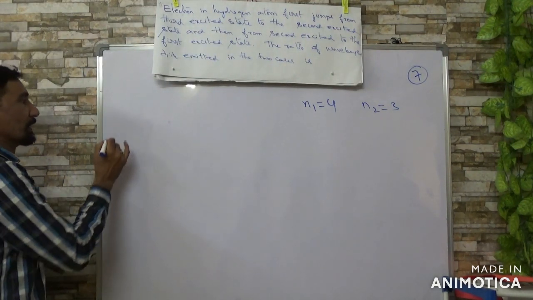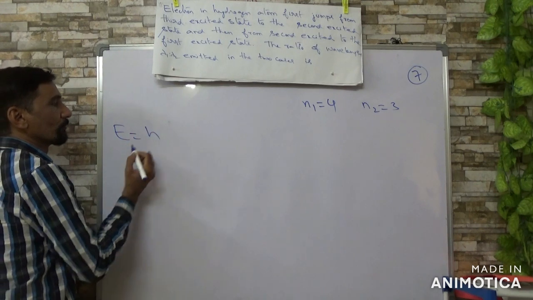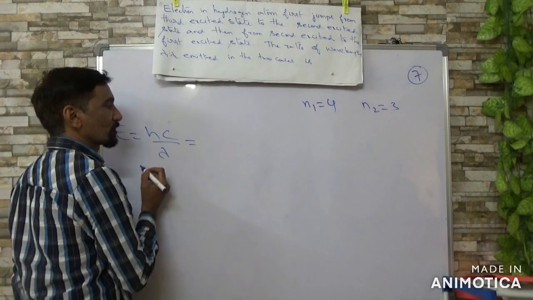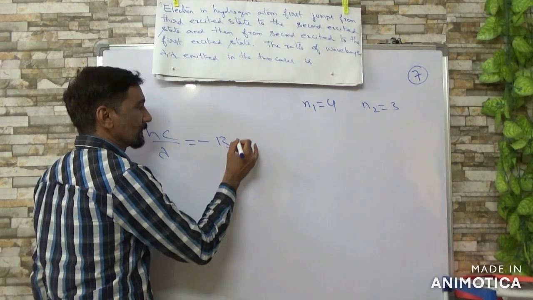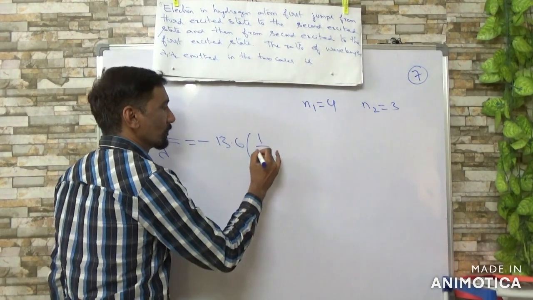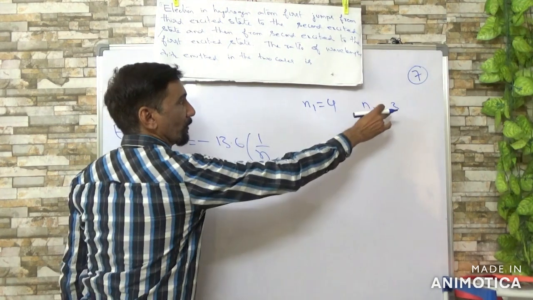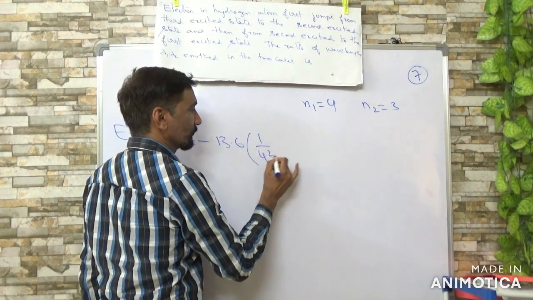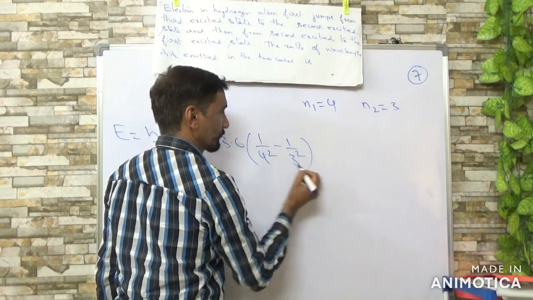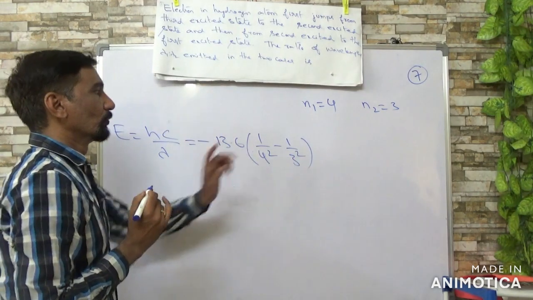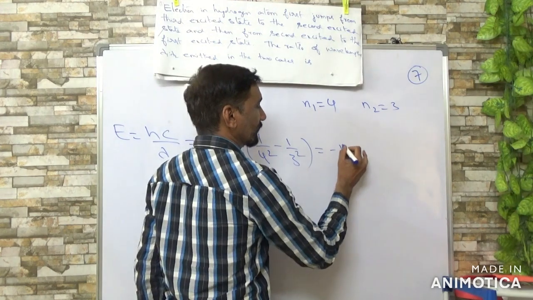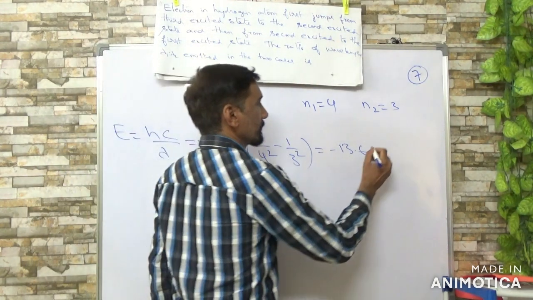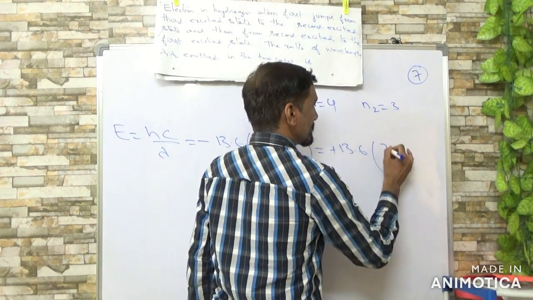So the energy, hc by lambda, can also be taken as minus 13.6 of 1 by N1 square minus 1 by N2 square. Here 4, okay. When you simplify, you get 13.6 of 7 by 144.